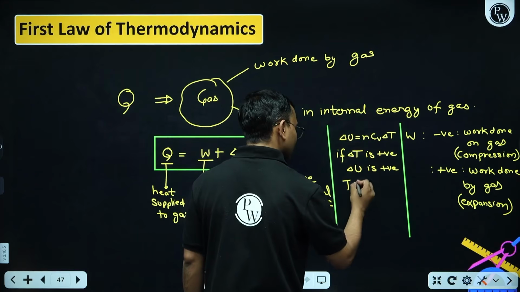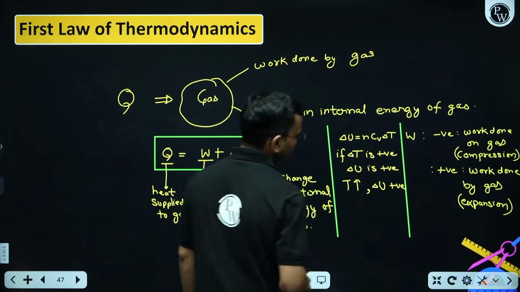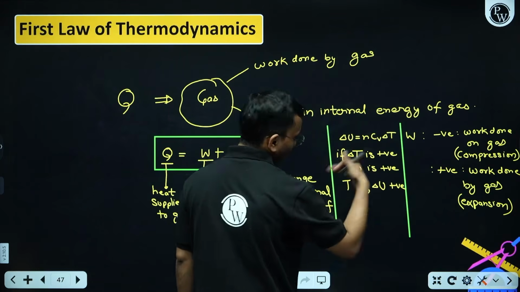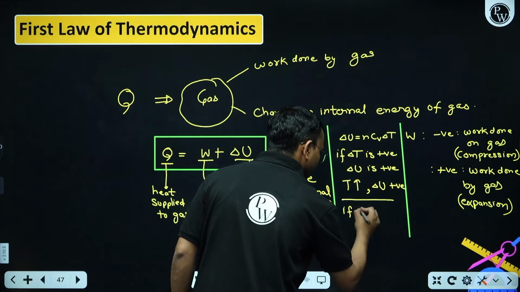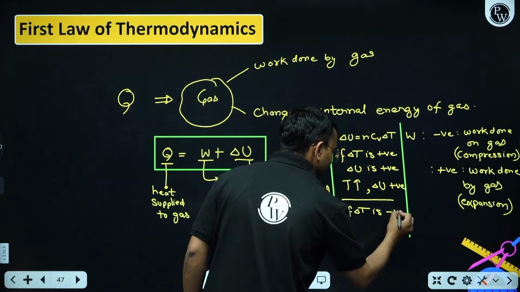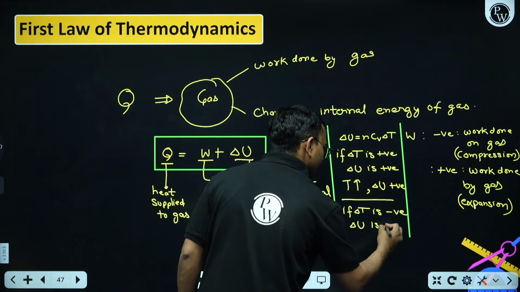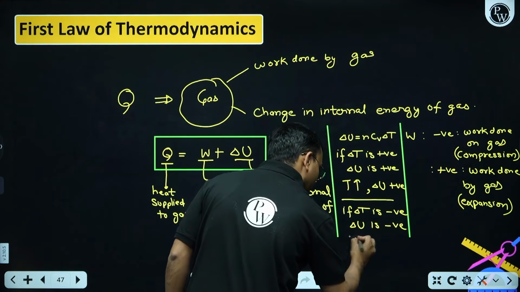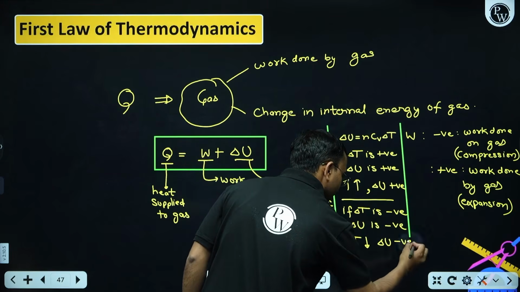If vice versa, it will be negative. So you can write it here: if delta T is negative, delta U is negative. Means if temperature decreases, delta U is negative.